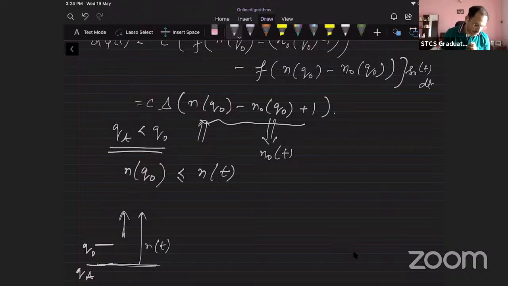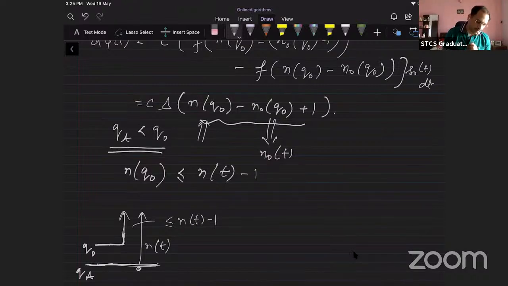By definition, how many jobs have remaining size at least QA? That is n of t itself. So how many jobs have size at least Q0 when Q0 is strictly greater than QA? This is at most n of t minus 1, right? This job, the smallest job here, is clearly smaller than Q0. So this is a quantity which is at most n of t minus 1.